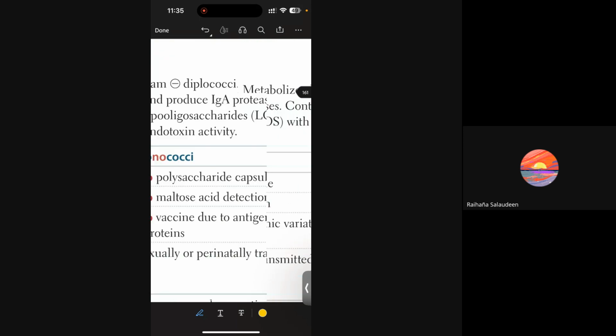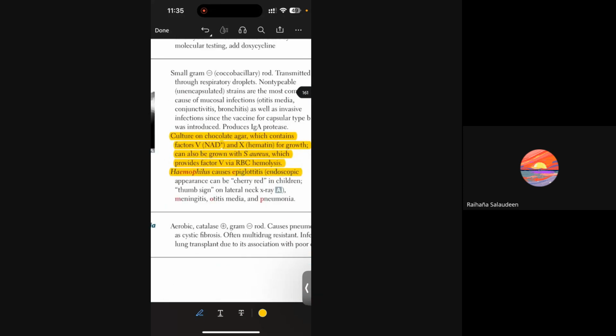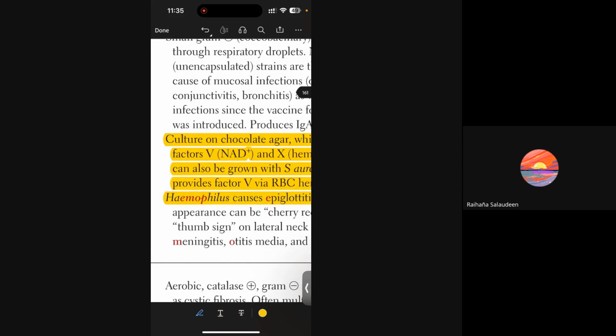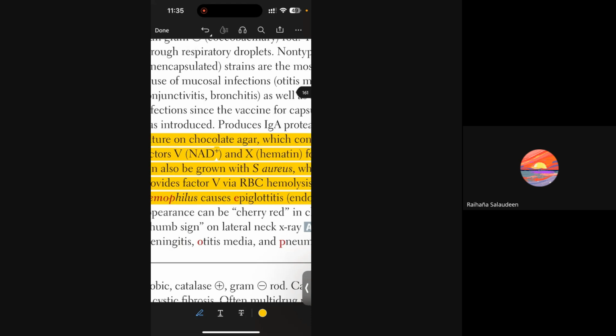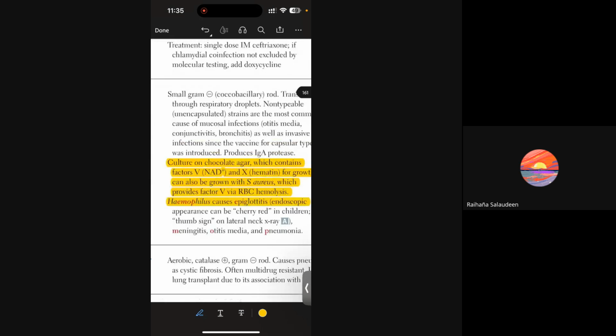Let's start with Haemophilus influenzae. What is the chocolate agar used for Haemophilus influenzae? What are the two factors we use, NAD plus and hematin? So the answer in this case is Haemophilus influenzae. That is the organism which is causing the infection here.